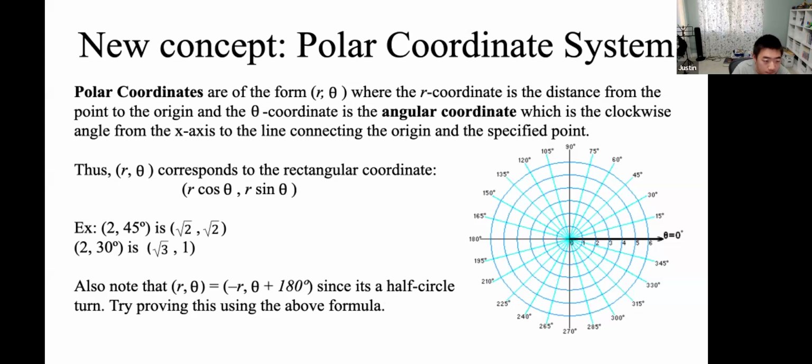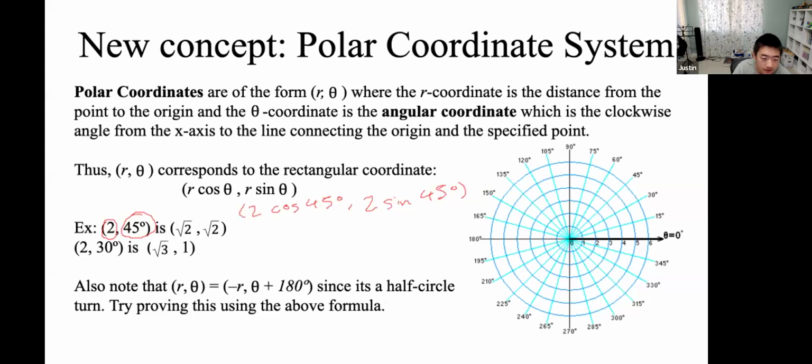So for this first example, this would be r, and then this would be theta. So 2 comma 45 degrees would correspond to 2 cosine 45 degrees and 2 sine 45 degrees. And cosine 45 and sine 45 degrees are both root 2 over 2.